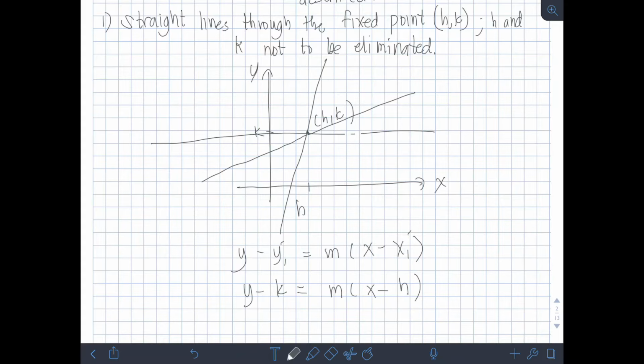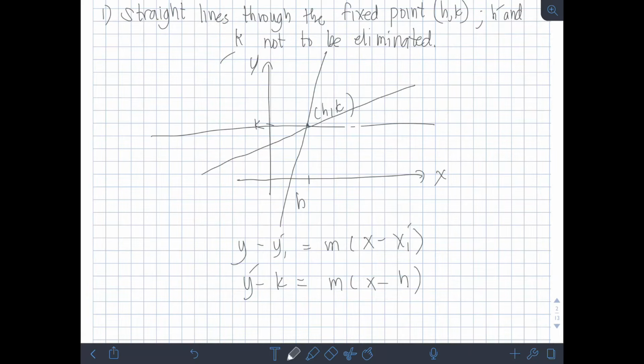Right? Kasi sabi dun sa problem, hindi daw dapat natin i-eliminate yung h tsaka k. Okay, so fix yun. Therefore, dito sa nabuo nating equation, yung dependent variable natin ay y, right? Tapos yung independent ay x. Itong k tsaka h ay constant na hindi natin i-eliminate. Therefore, isa lang yung variable na i-eliminate natin. Ano yon? Itong m, which is yung slope.